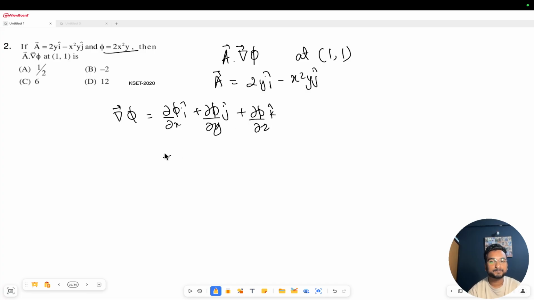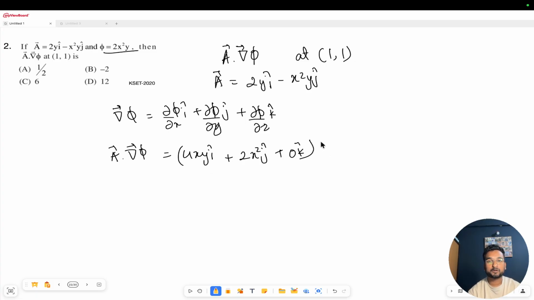What will be this? Del phi by del x i cap. So differentiating this with respect to x, you will get 4xy i cap. Okay, plus differentiating this with respect to y, you will get 2x square j cap, plus differentiating this with respect to z, that will be 0 k cap. Now you have to do the dot product, a vector dot gradient of phi.